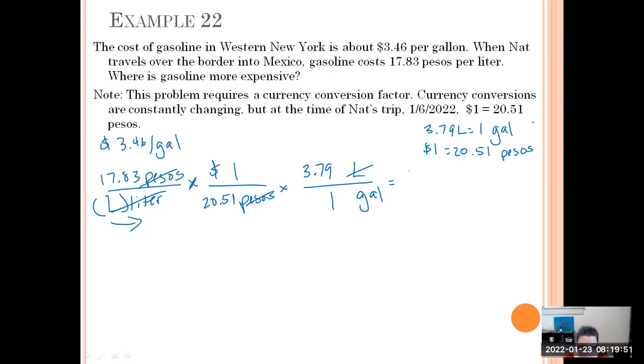But feel free to write everything down on the calculator so that you're not rounding until you're done. It's dollars and gallons. Now we can divide by 20.51 and we get 3.298, let's just say $3.29 per 1 gallon.